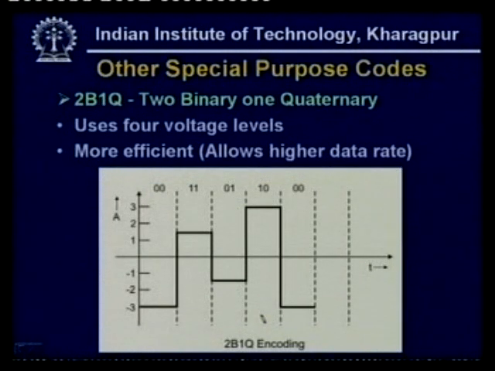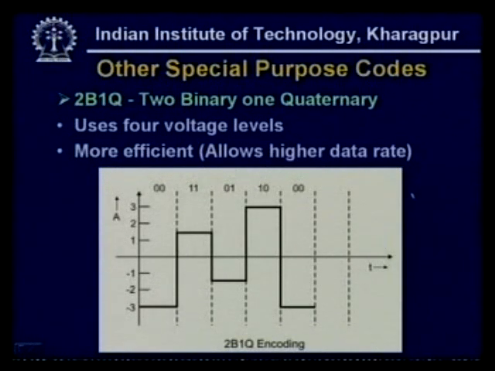Here we see for 0 0 it has minus 3 volt, for 1 1 plus 1.5 volt, for 0 1 minus 1.5 volt, for 1 0 plus 3 volt. So, we see here it has 4 voltage levels, so it gives you a higher data rate.